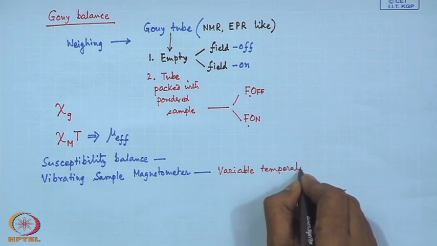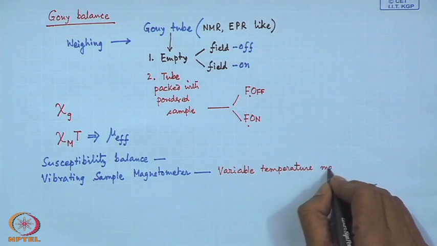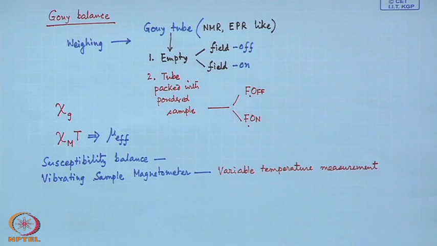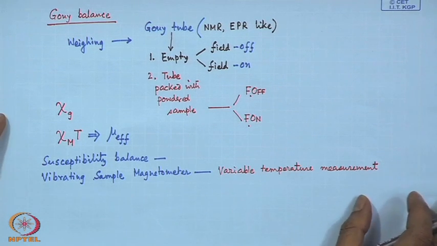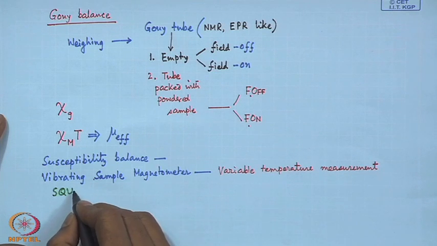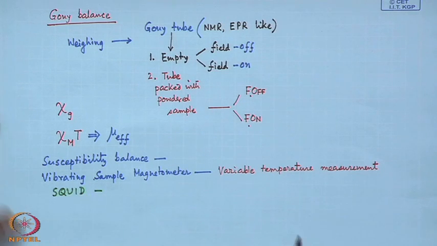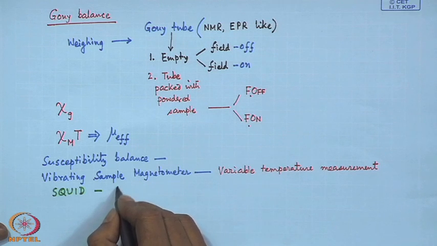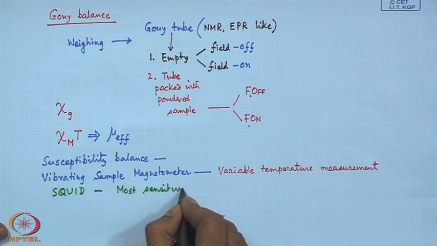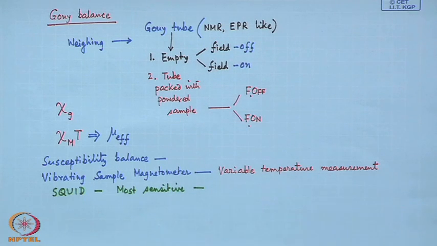And the most recent one, and a highly sophisticated one, is the SQUID magnetometer, which is the superconducting quantum interference device. This superconducting quantum interference device is the most sensitive one, which can measure very small magnetic moment values nicely.